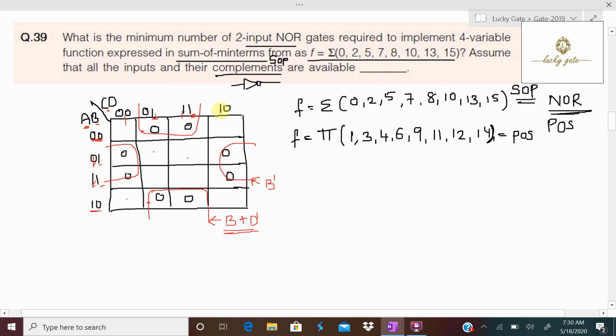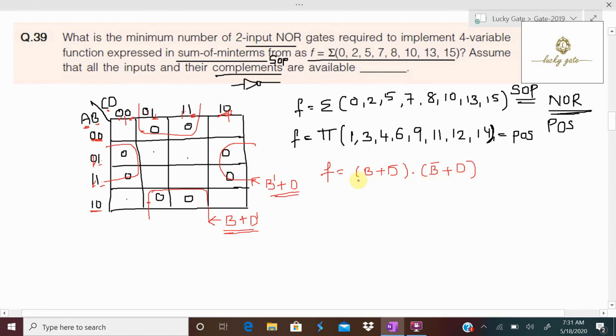In these two columns, C differs between 0 and 1, so it is cancelled, and D is common, with both being 0. 0 is represented in uncomplemented form. So we have two terms in POS form: B plus D dash, dot, B dash plus D. Now it is in POS form.